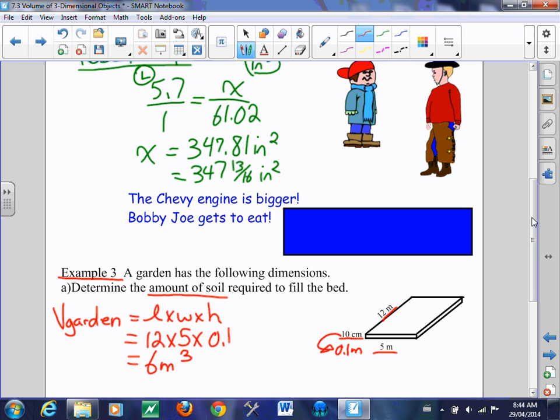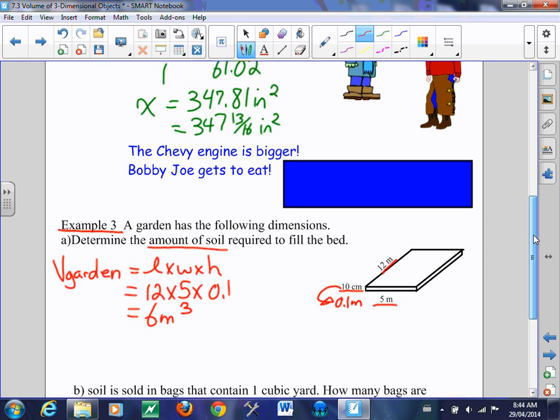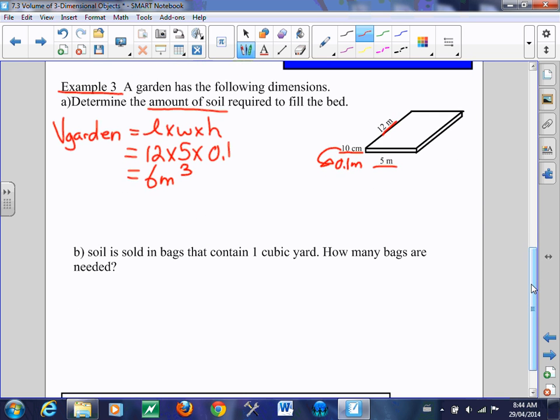Problem is, you get to the store and you say, hey, can I get 6 cubic meters of soil? But they'll say, hey, our soil is only sold in bags that are 1 cubic yard. So how many bags are needed? Well, the problem, folks, is that this is in meters. The volume we've calculated is in cubic meters, but we need to get into cubic yards. So we have to use a conversion.